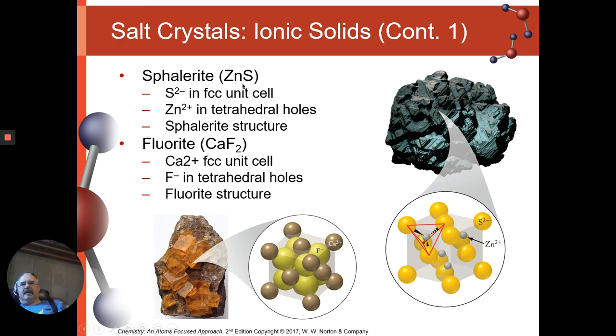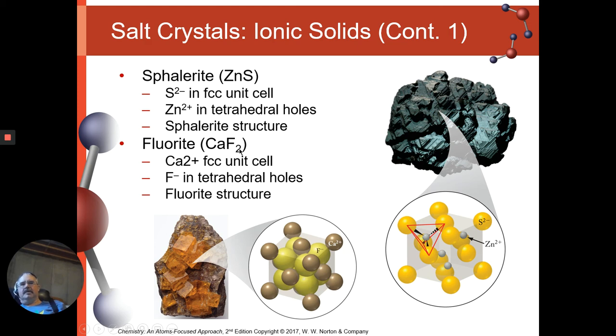Zinc sulfide forms what is known as a sphalerite structure. This is a face-centered unit cell for the sulfide, and then the zinc is in the tetrahedral holes. Okay, and then fluoride, calcium fluoride.